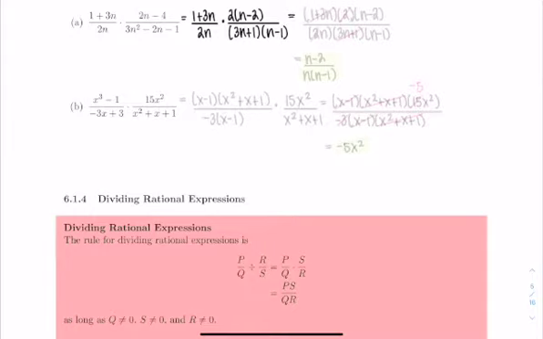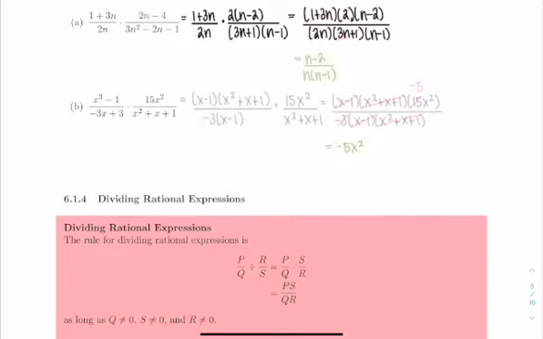And so multiplying across the top and the bottom, we have our 1 plus 3n times 2 times n minus 2. And on the bottom, we have our 2n, our 3n plus 1, and our n minus 1.